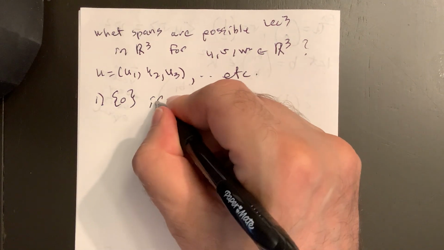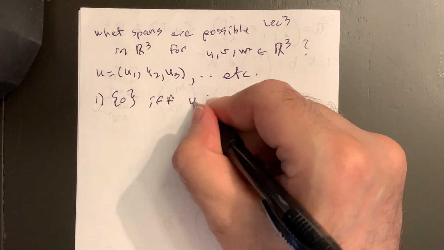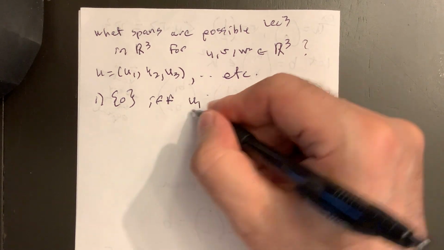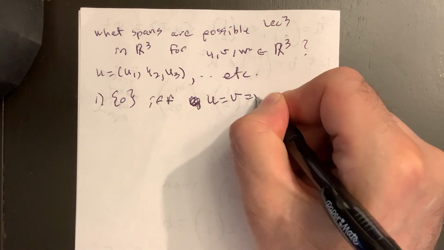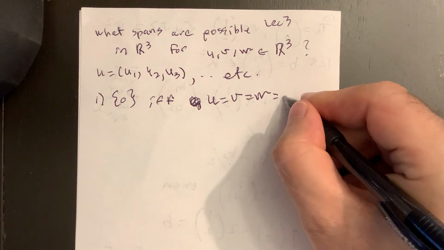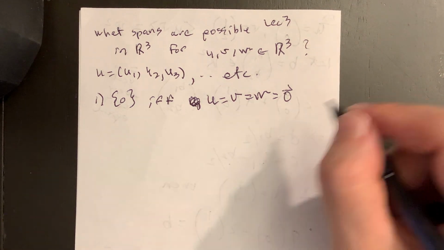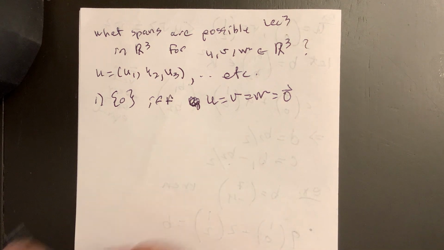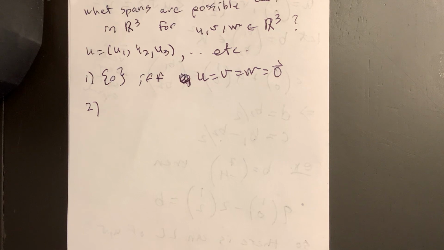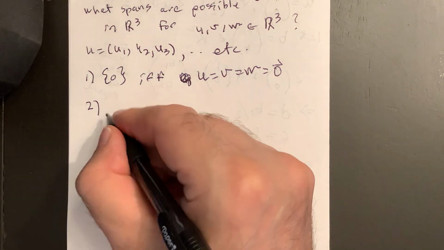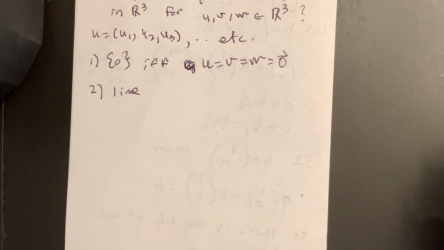if and only if all 3, u equals v equals w equals the 0 vector. Any combination just gives me this. Second, a line is possible.